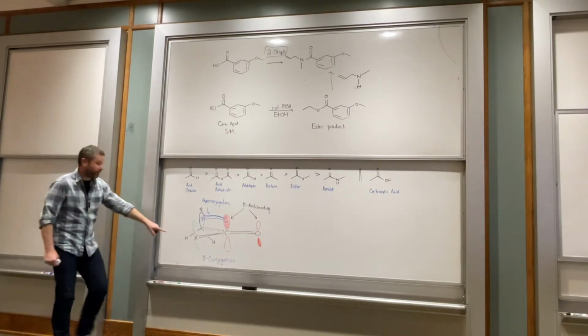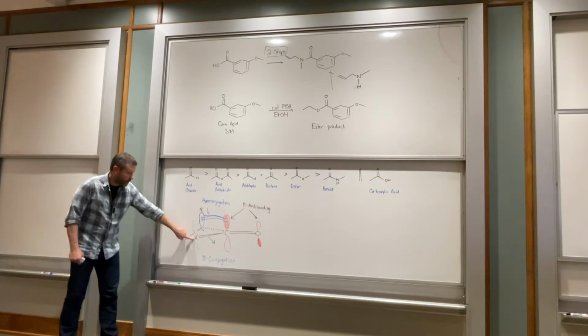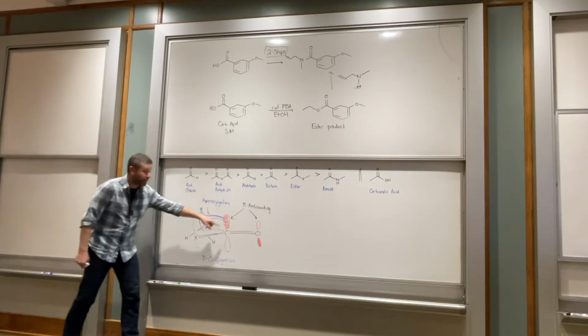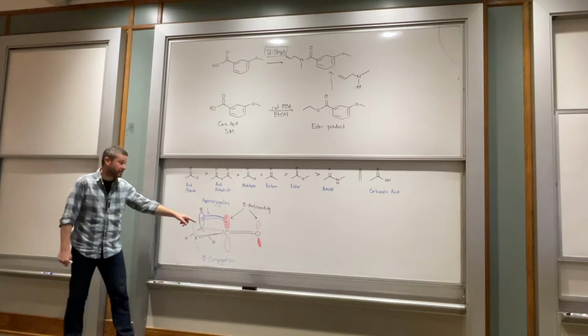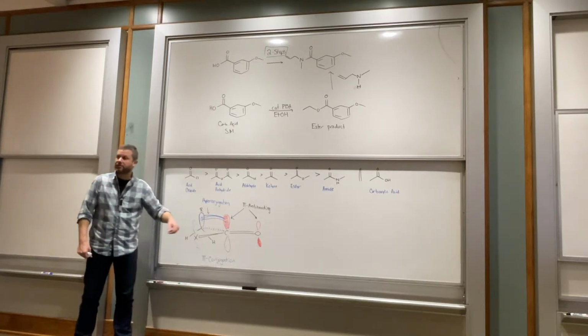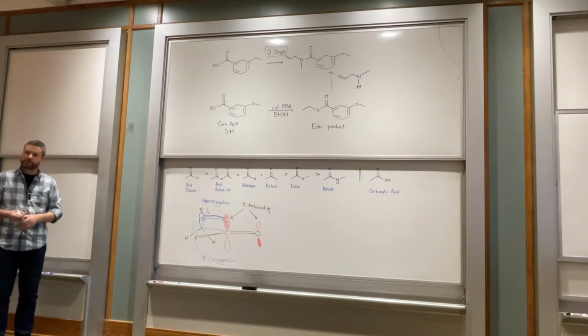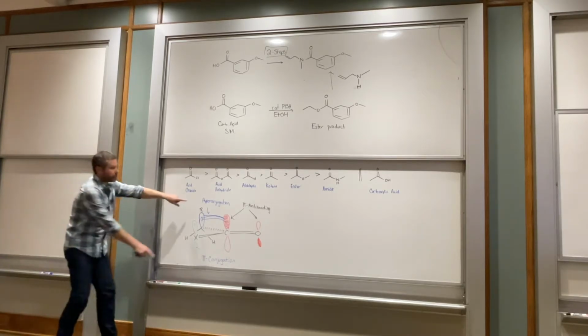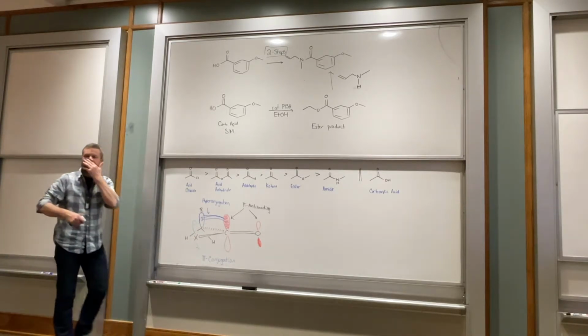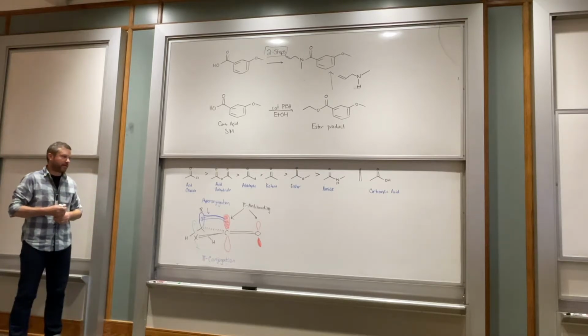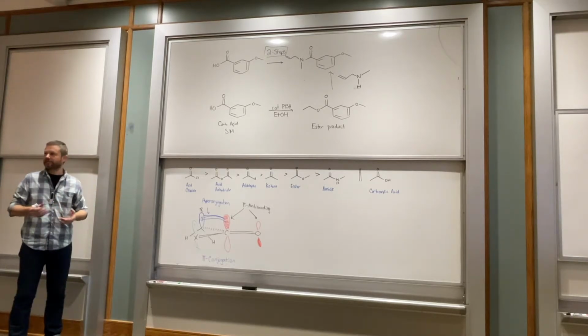If electrons from an attached heteroatom are conjugated with the pi system, then this pi system doesn't want as much electron density from an outside nucleophile.